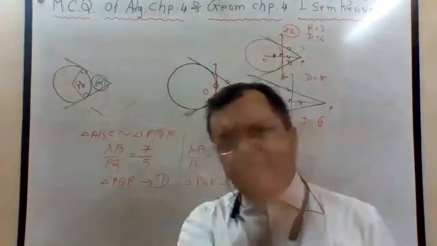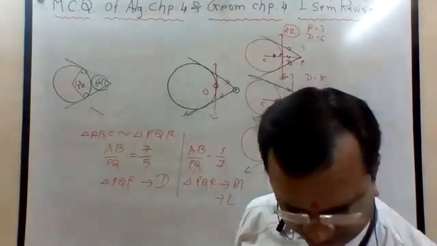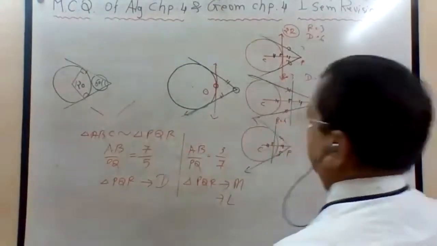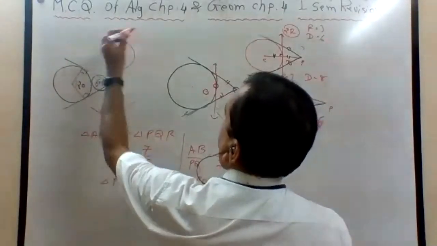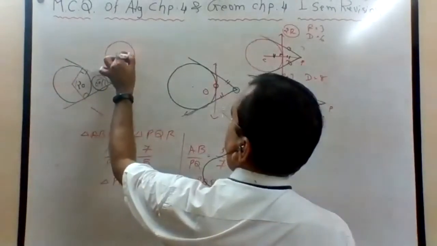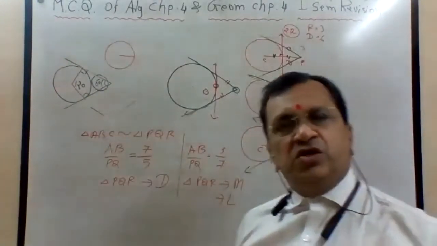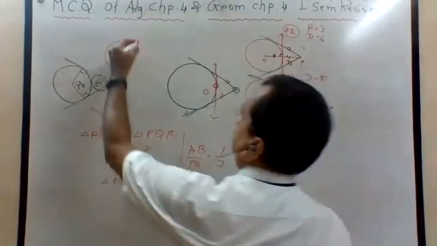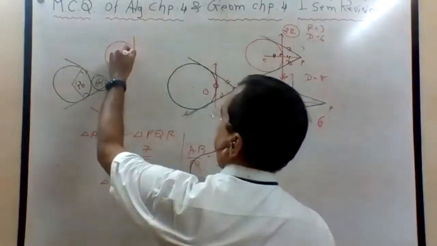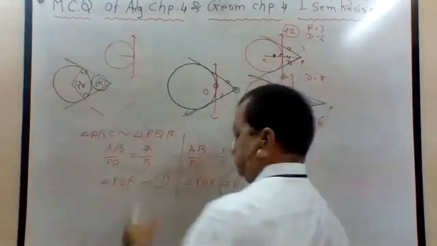Now from this chapter, one very important question that they can ask as an MCQ. Draw a circle, draw a radius. From the end point of the radius, draw the tangent. These are the instructions. You do not have to draw.